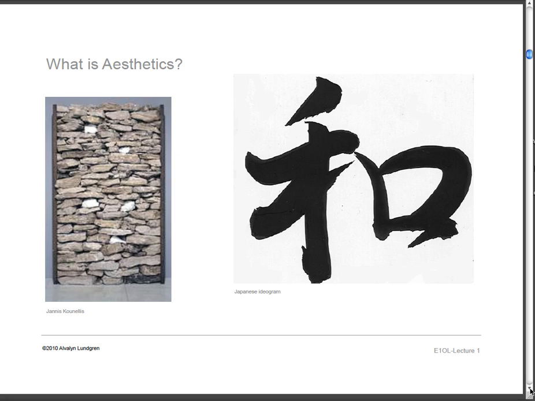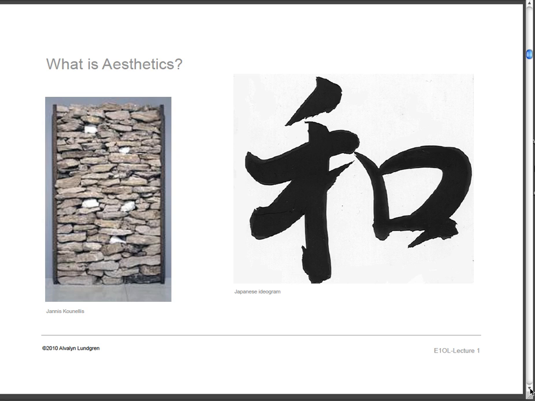And we need that, because we need to be able to evaluate our work in process and after the fact to make sure that it is sound, that it is true, that it is functioning properly, and so forth. The understanding of aesthetics as a field of study or as a set of principles is different than somebody's individual aesthetic.